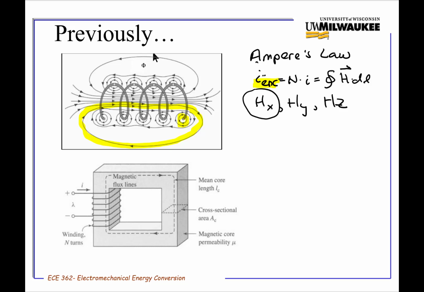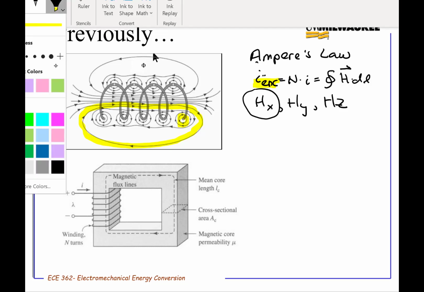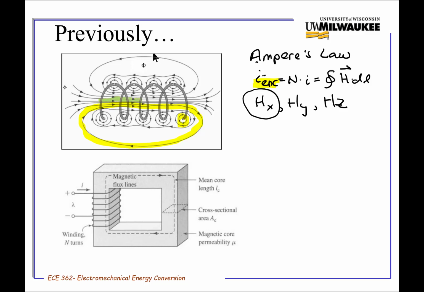Now the definition of H could be any point inside space here. So if I were to, let's say, just highlight one line in the middle of the coil, I could calculate the H at that point. And so H is a value at a given point in space.